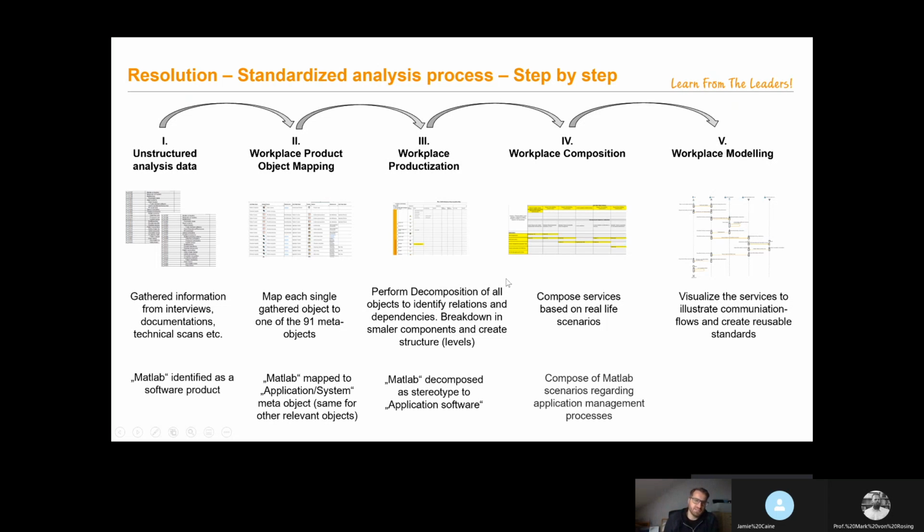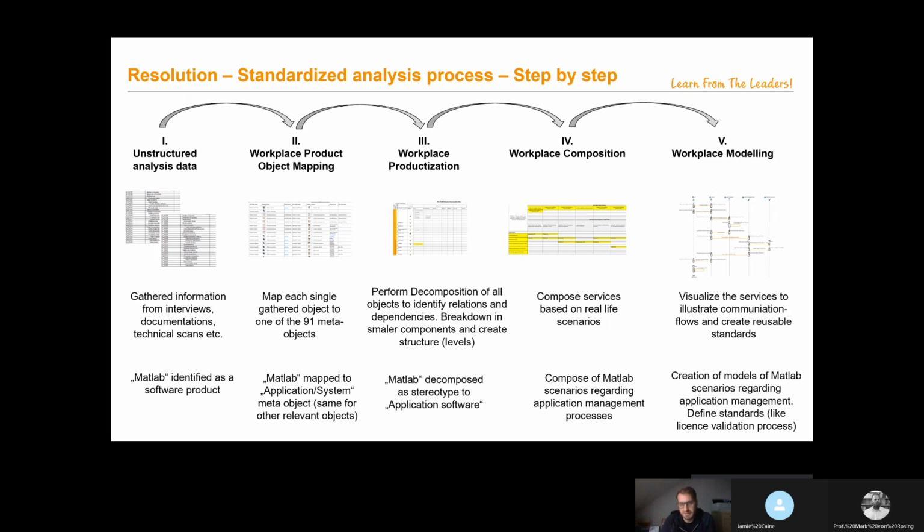And to see it in the example scenario, in part one, you identify MATLAB as a software product. In the product mapping, you pick the MATLAB object and map it to the application system meta object in this example.